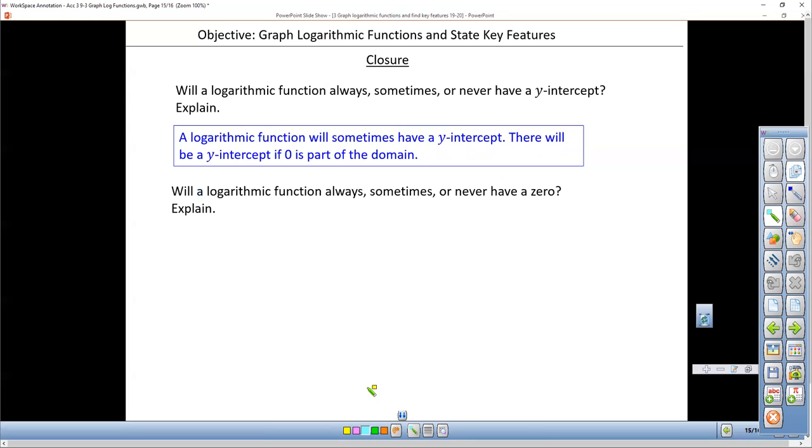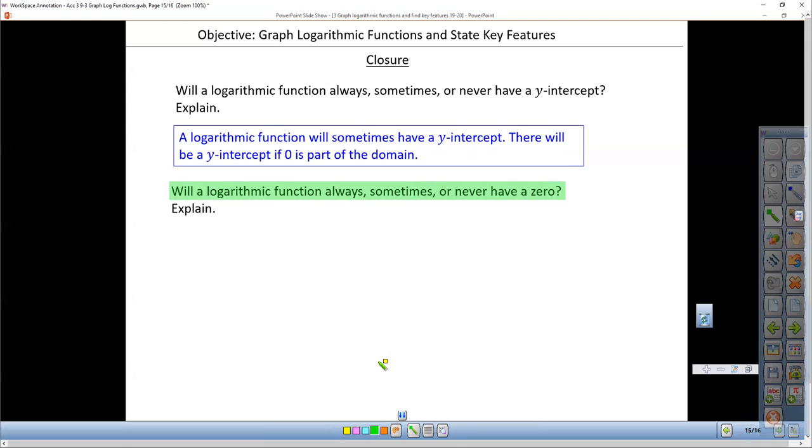Now we want to also understand, will a logarithmic function always, sometimes, or never have a 0, and be able to explain our reasoning there. So zeros, remember, are those intersections with the x-axis, those x values. Thinking about that, what do we know about the range of logarithm functions?